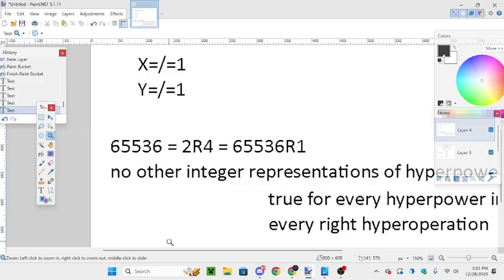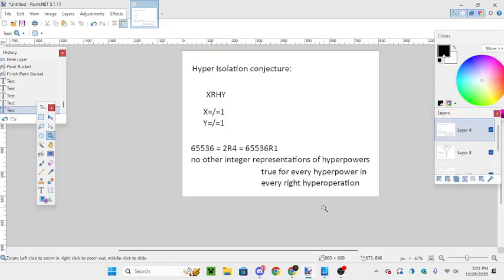I think that all strings of hyperpowers are unique after, of course, the first item in the list, which, if this is proven, could also be useful for discerning some things with hyperoperations.